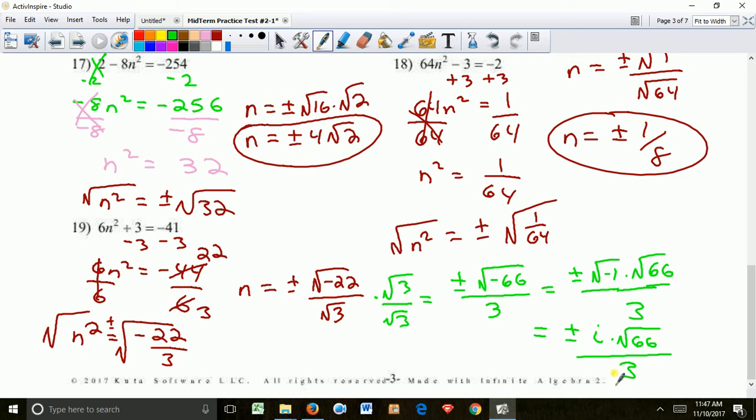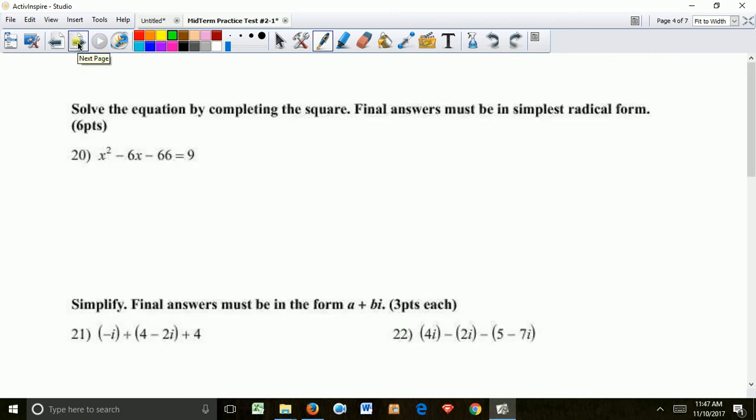Moving on to 20. For 20, they want you to solve this by completing the square. Final answers must be in simplest radical form. So to accomplish this, you want to get all your x terms on one side, so add 66 to both sides of the equation. You now get x squared minus 6x, and leave yourself some space, is equal to 75. To complete the square, identify your b term.